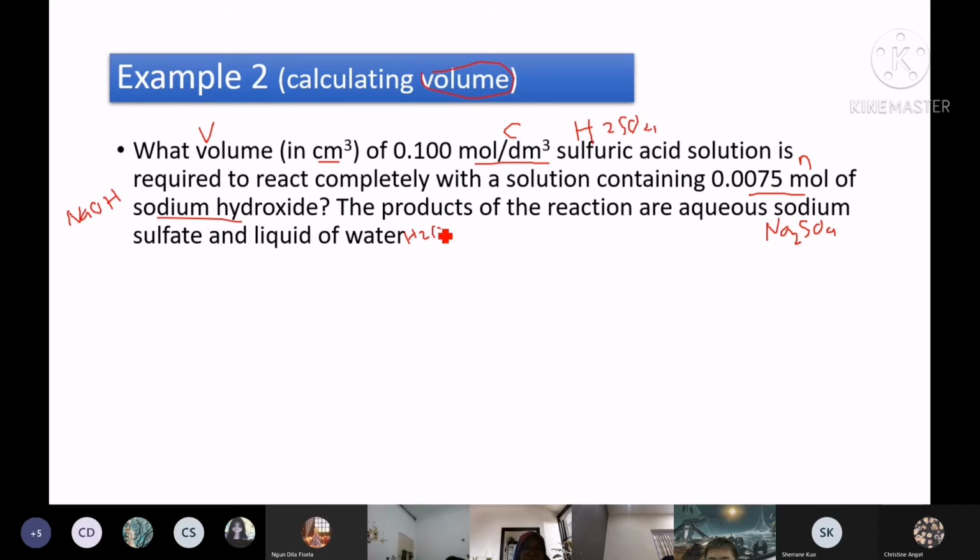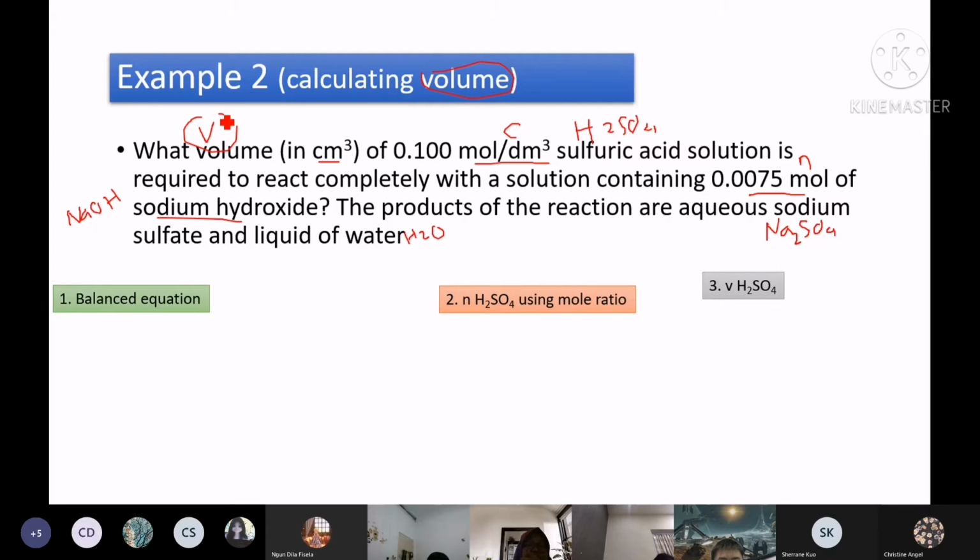Okay, so we need to know the volume. So actually there are 3 steps to solve this problem. The first step, we need to write the balanced equation. What is the equation? Sulfuric acid reacts completely with a solution containing sodium hydroxide.